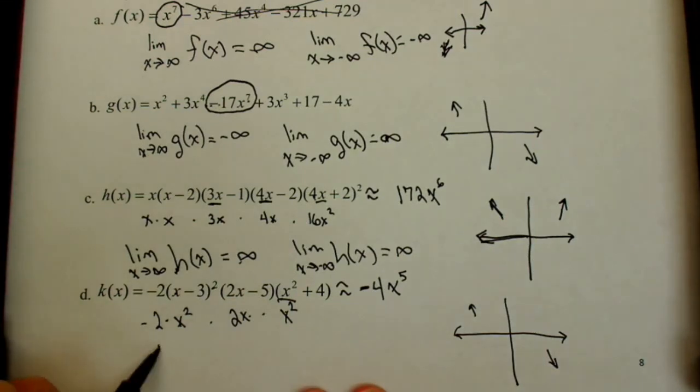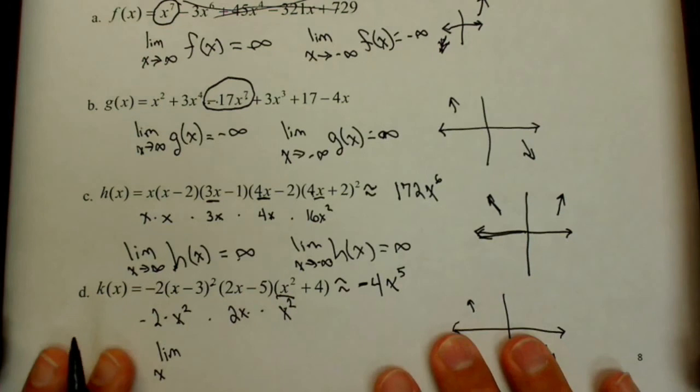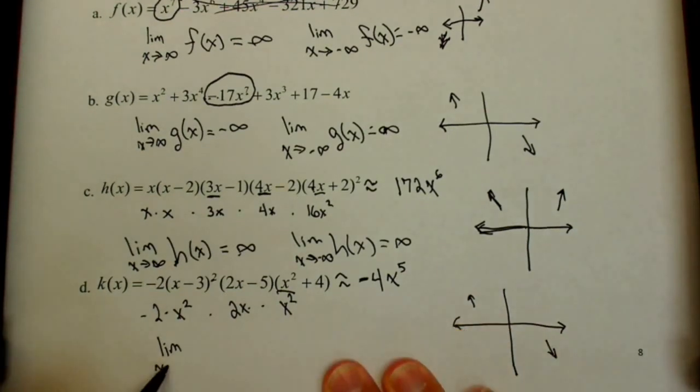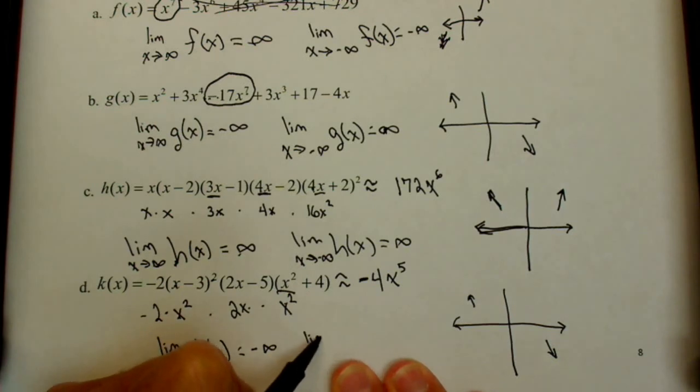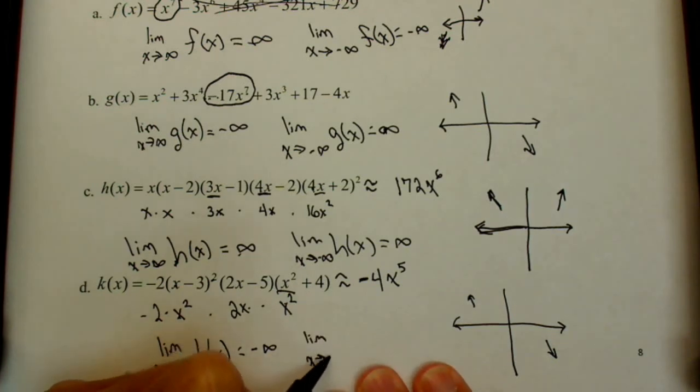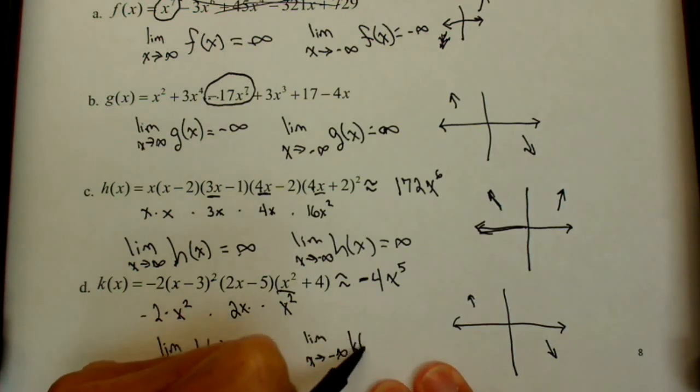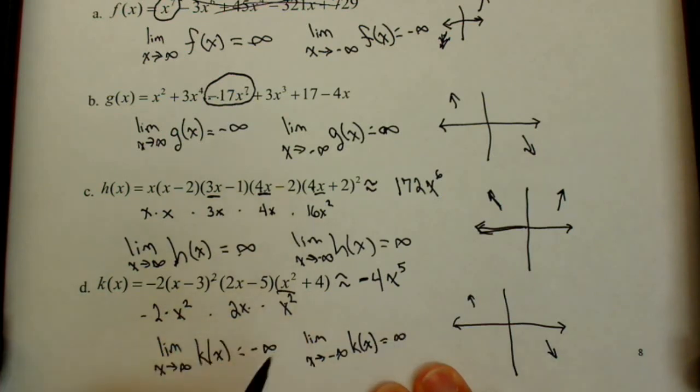And we already know now how to write this up. The limit as x goes to positive infinity of k of x is, as we see from our little diagram here, negative infinity. Limit as x goes to negative infinity of k of x is positive infinity.